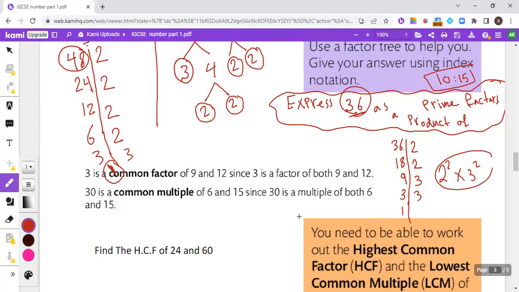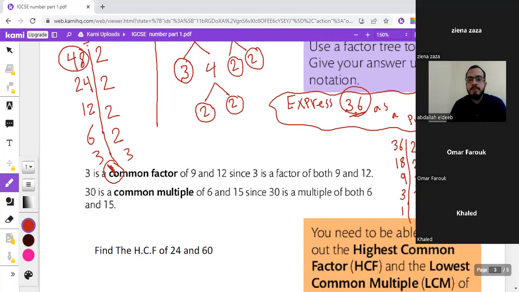Now, after we understand how to factorize, let's do a complex question to find the HCF, the highest common factor.